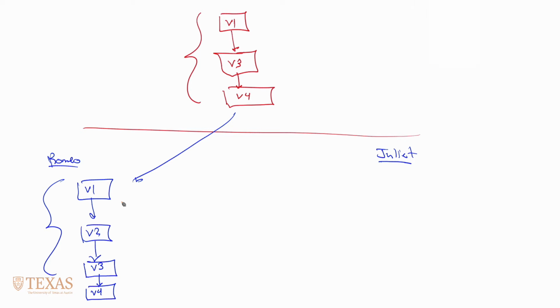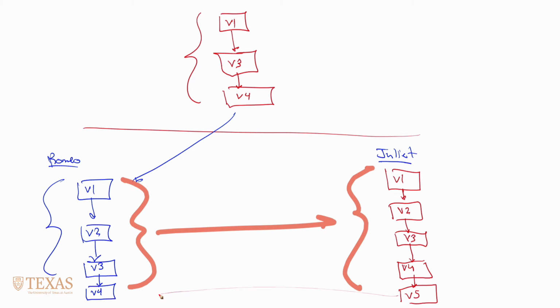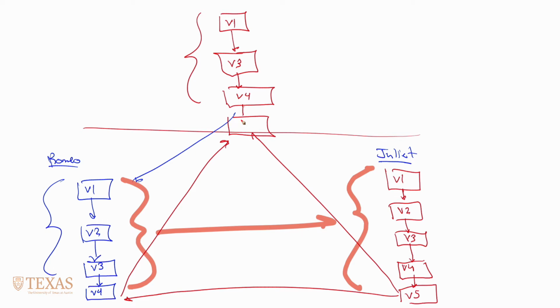So she could grab this, make her own copy over here that would be identical to what Romeo has, and include his changed version 4, which then she could derive another version 5, which completes the changes. Then she could send those back to Romeo to add to his repository, and he could send them back to the remote, or she could send them back to the remote directly because they have a common history.